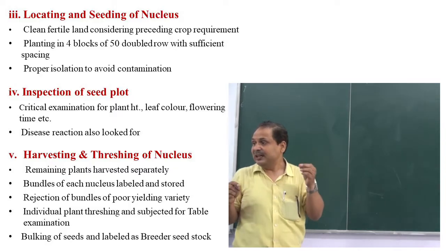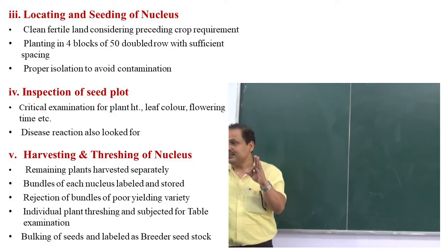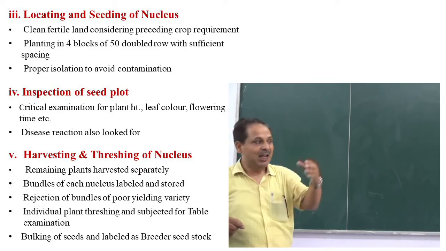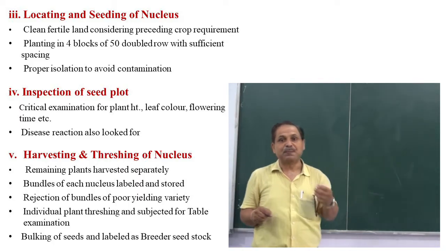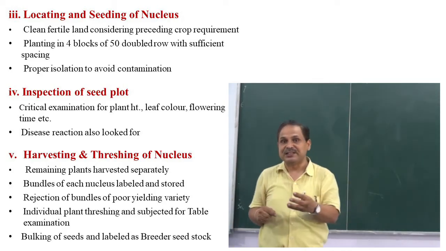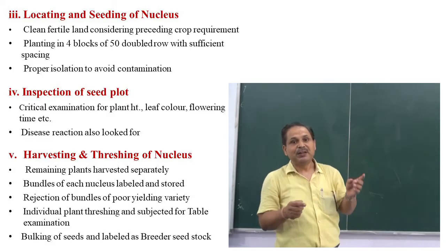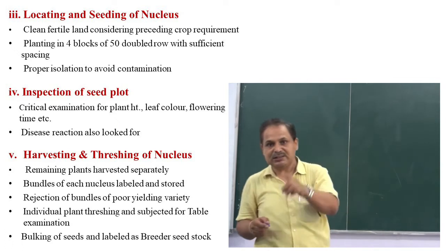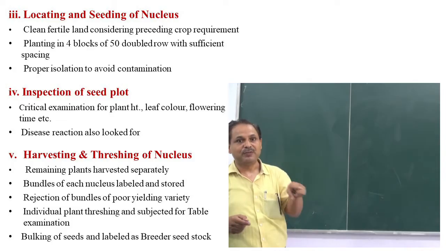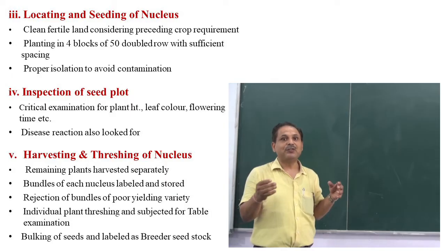lesson, and for that there are some criteria in the selection of plants. First is the preceding crop requirement. We earlier told in the seed production principles that the preceding crop requirement is very much essential, because if we have a crop in a particular plot, and in the same season or next season we continue growing the same crop, there will be chances of contamination.